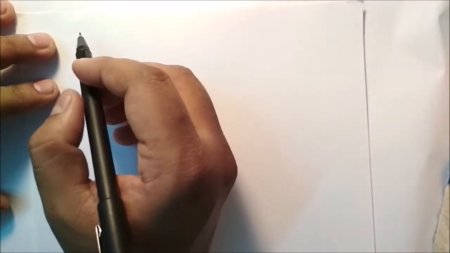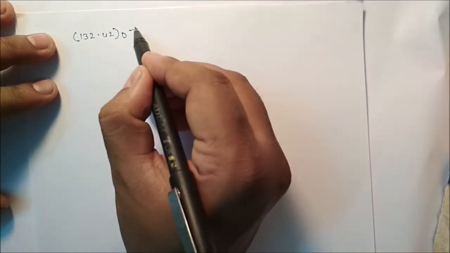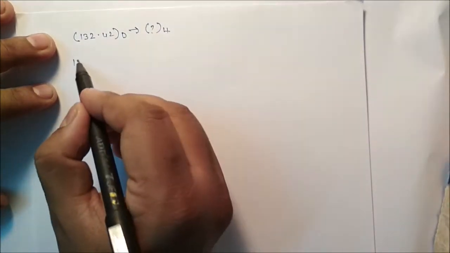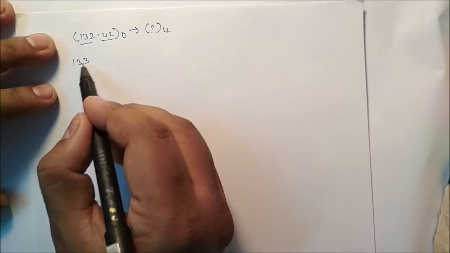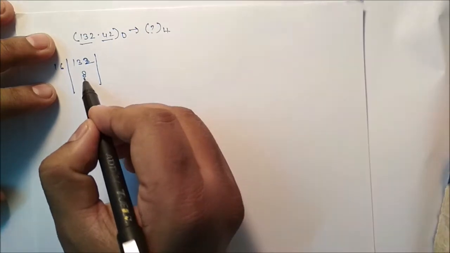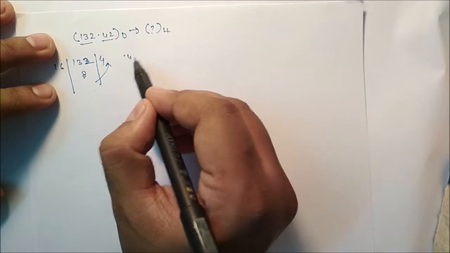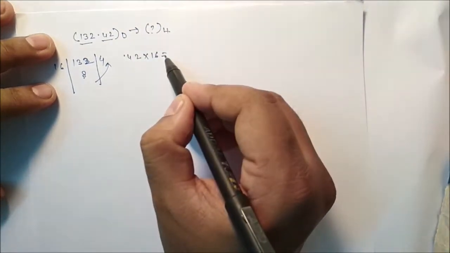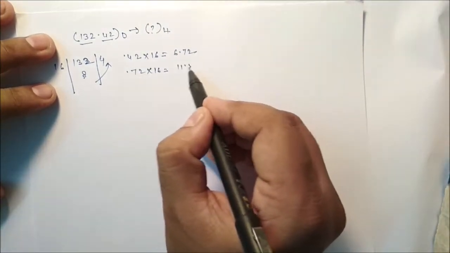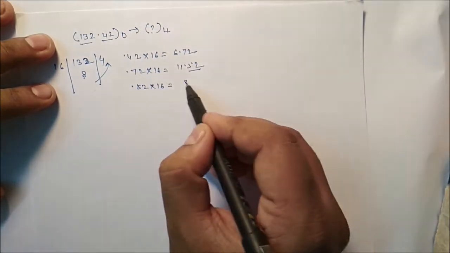Now, suppose a number is 132.14. That is in decimal. We have to convert this into hexadecimal. How is it possible? Separately you have to convert. So 132 divided by 16, quotient will be 8 and remainder will be 4. And this 0.42 we have to multiply with 16. So 6.72, you just take 72 into 16, 11.52, you just take this 52 into 16, that is 8.32.